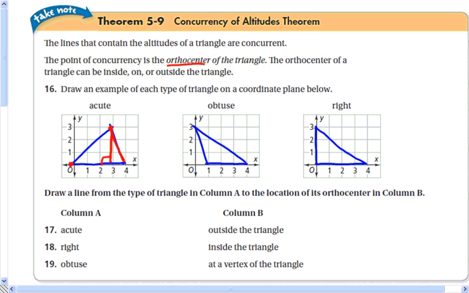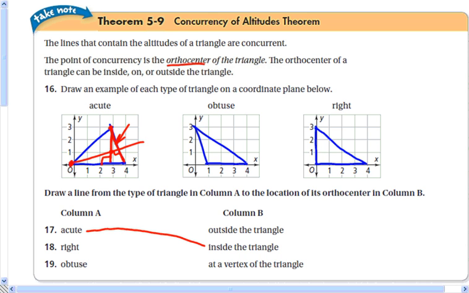So the opposite reciprocal of -3 is 1/3. If I make a line with a slope of 1/3, it should be perpendicular. So if I go up 1 over 3, there'll be a point right there. That line will be perpendicular. So we can see on this acute triangle that the orthocenter is inside the triangle.